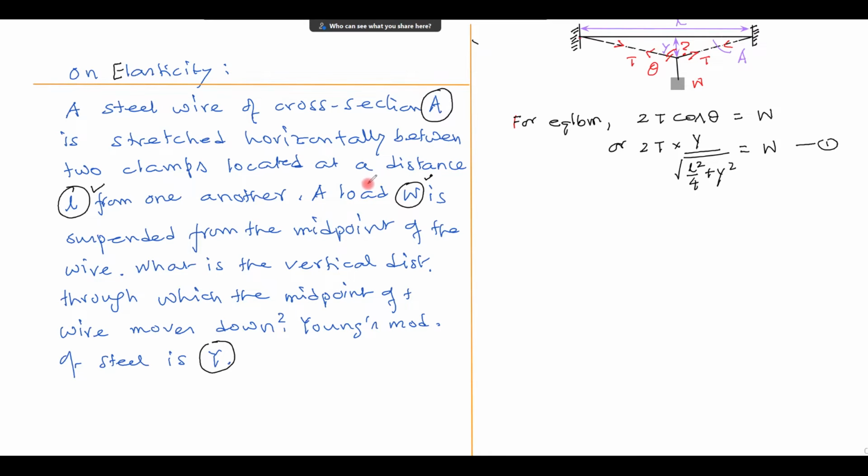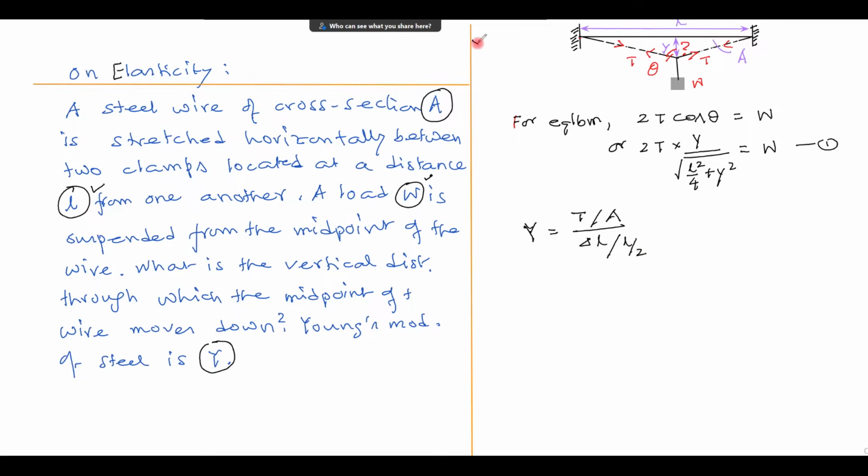So let us write an expression, Y equal to F by A. F by A means T by A, T is the tension, divided by del L by L by 2.